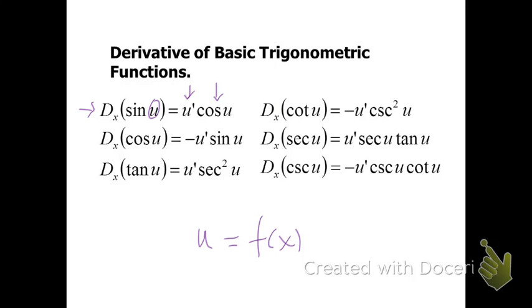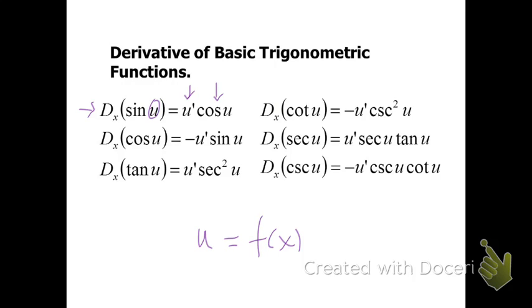It is going to be negative u prime multiplied by cosecant of u, and that is going to be multiplied by cotangent of u. So these are our basic rules for the derivatives of trigonometric functions that we are going to study. Okay, because most of you always ask for an example, so that's what I'm going to do.